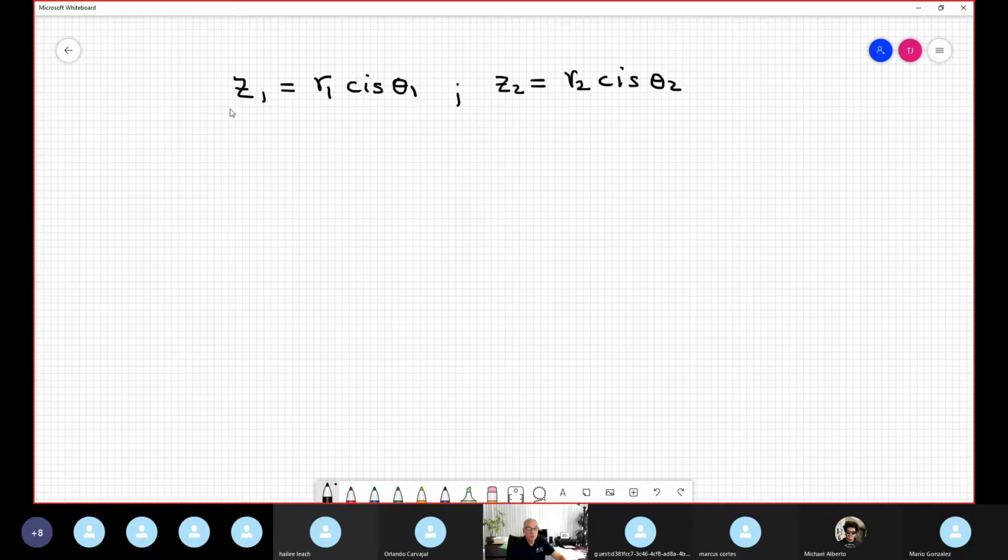If you are doing the multiplication C1 times C2, in polar form it is super easy, because you multiply the radii, the R, and cosine plus I sine, and you add the angles.